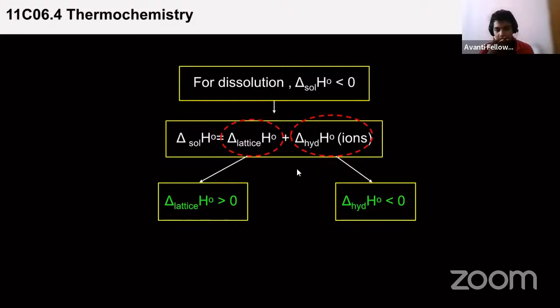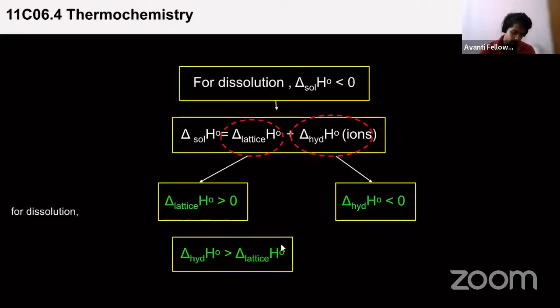Why lattice energy is endothermic and why hydration energy is exothermic? If you are clear, then let's move to the next thing. Whenever hydration energy is greater than lattice energy, then the solution enthalpy is negative, and that is exothermic. Clear?